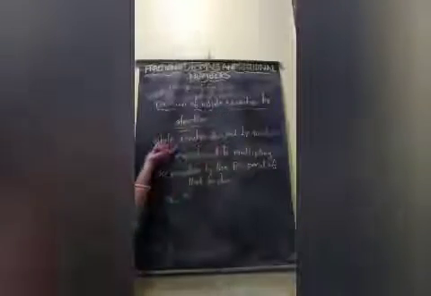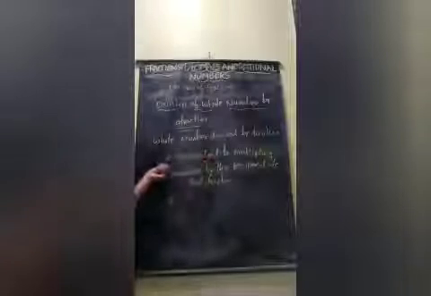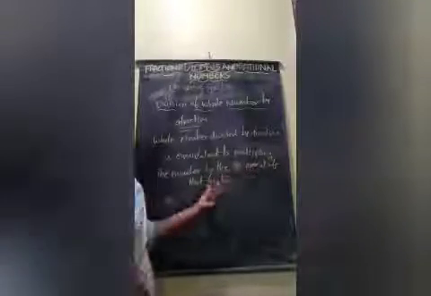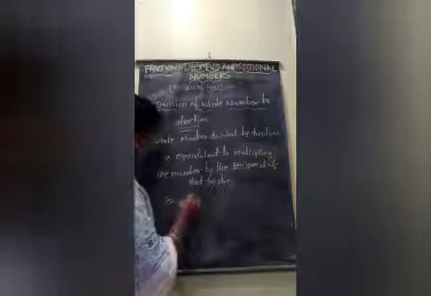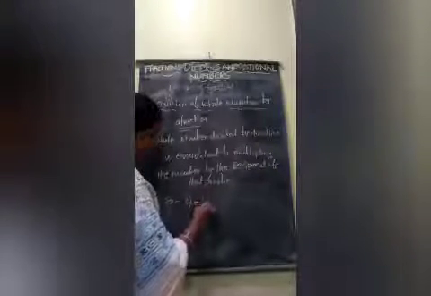Okay, division of a whole number by a fraction. The whole number divided by a fraction is equivalent to multiplying that number by the reciprocal of that fraction. For example, you take a whole number 4 divided by the fraction 1 by 2.